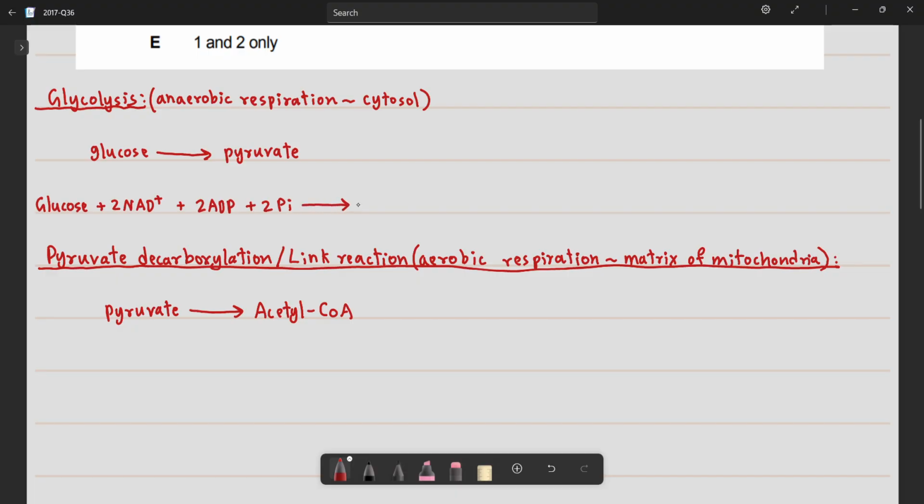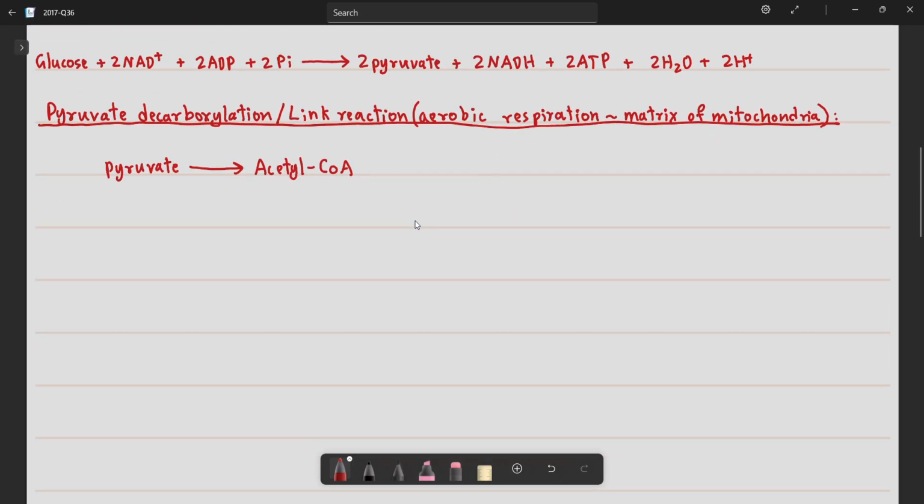So this will produce 2 pyruvate, which is the main product of this reaction, glycolysis, plus 2 NADH plus 2 ATP plus water and the hydrogen ion, which both of these are the byproducts of this reaction. So we have these main products, and the main one is the 2 pyruvate. Okay, so this is the full balanced word chemical equation for glycolysis.